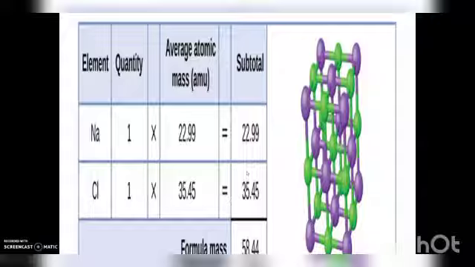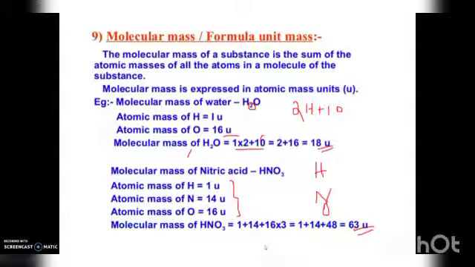We have to find the atomic masses of the constituents and add them. For NaCl there is only one Na, so 1 into 22.99, plus Cl, that is 35.5, and we get the formula mass. Similarly, we can find the formula mass and molecular mass of any compound.